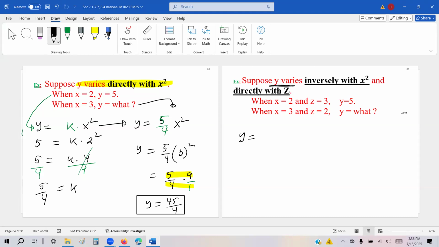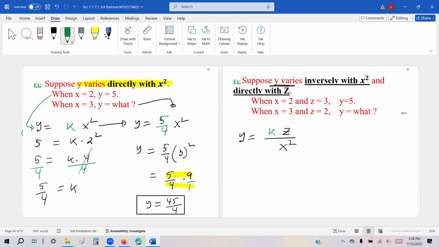Mariam, is it y equals k times over x? So z is changing directly, so it has to be on the same level as y, but x squared is changing inversely, so it has to be on the other side. That means our k goes on the numerator.